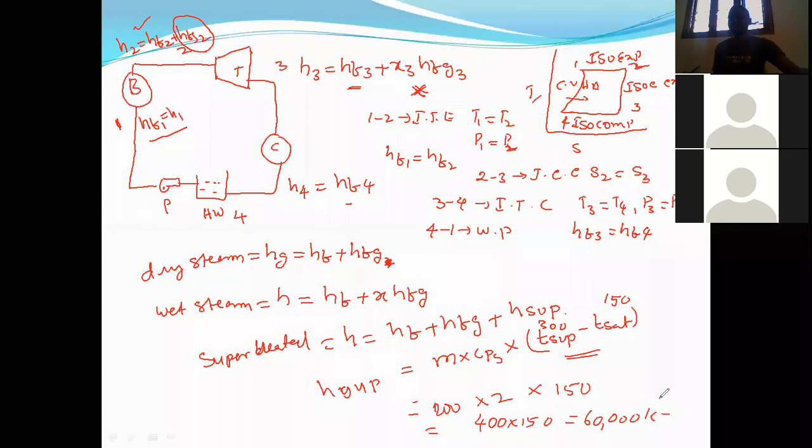So this is the superheating amount, and this should be added here. We have to add the sensible heat, we have to add the latent heat, and along with the latent heat we have to add the superheat also. This is the way to write down the heat function.